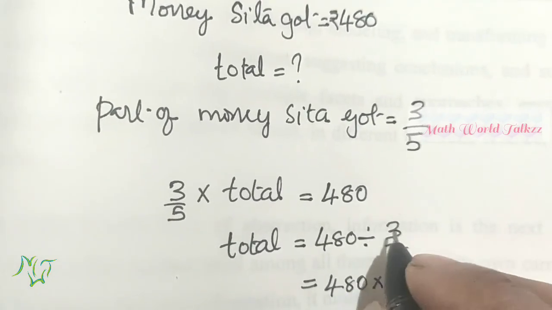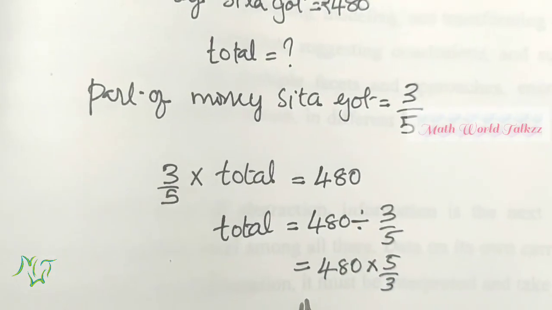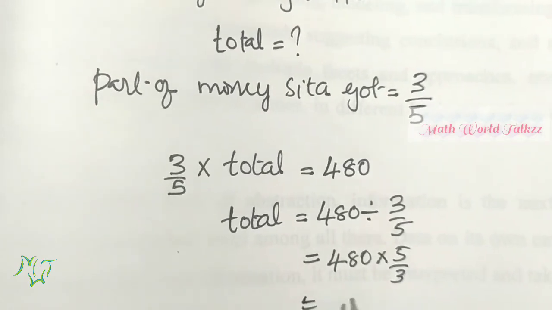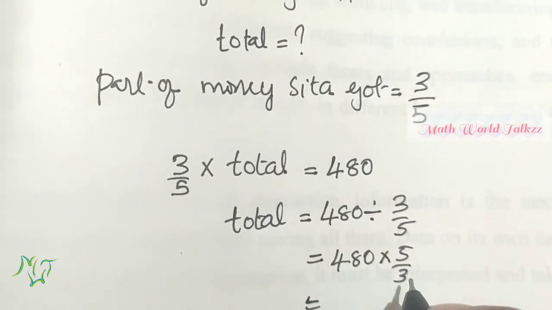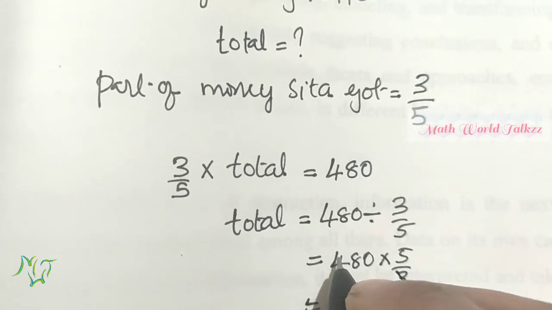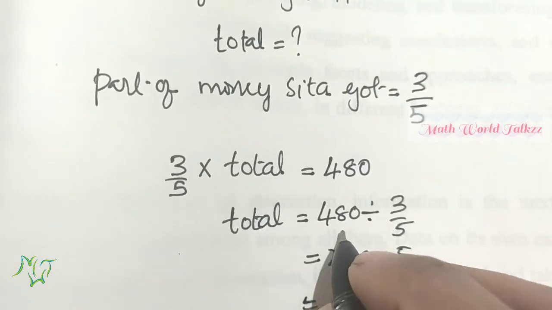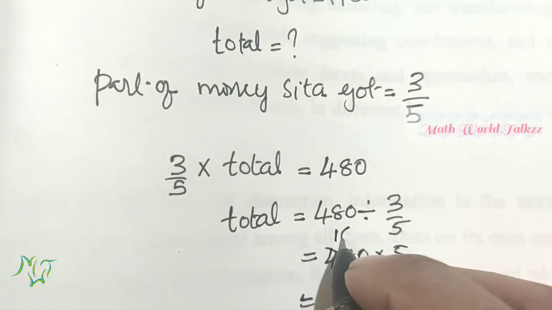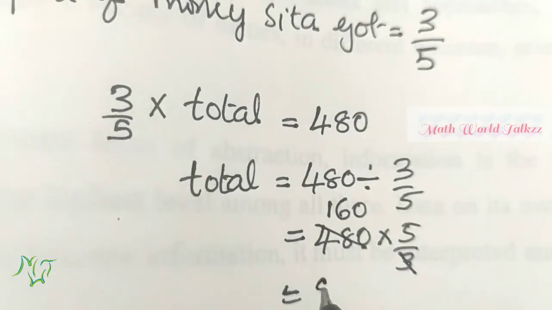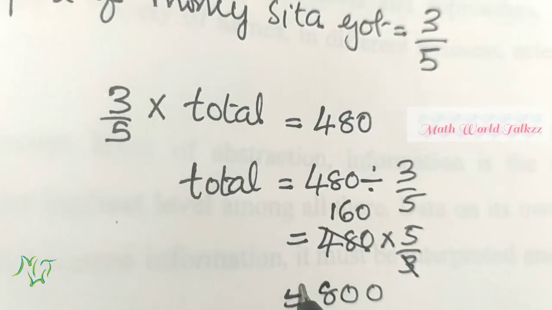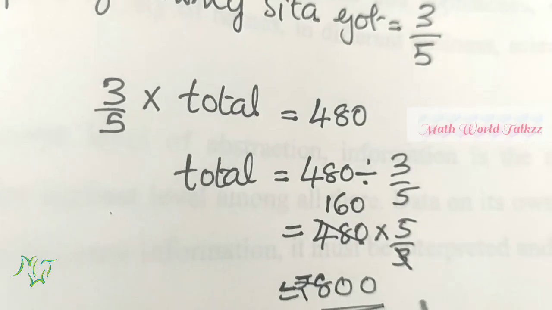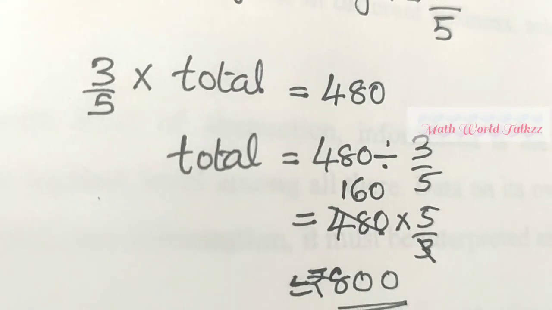We can multiply with its reciprocal. So in 480, 3 is going how many times? 160. Then 160 into 5 is equal to 800 rupees. So this is the total amount they divided.